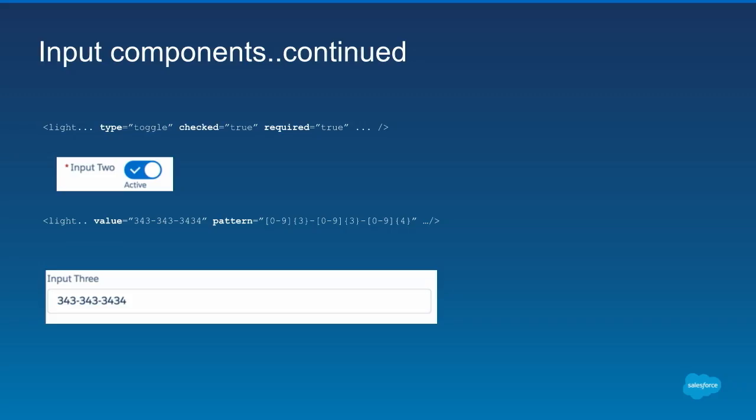The third example I like to show, and this is actually my favorite thing to show, is yes, if you can see in the second example, you have required equals true, which does a bit more than just putting that red dot there. The third example, you have a pattern. What this means is our components do required and data type validation on the client.